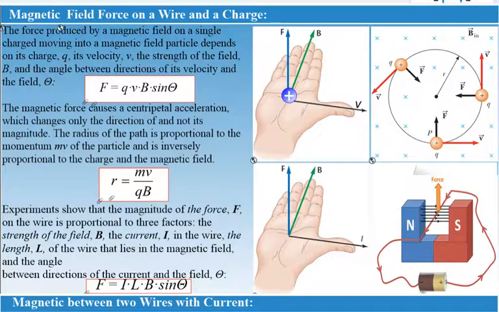There are going to be two formulas that we have to look at when we place a charge in the magnetic field. A magnetic field will act on the charge only if it is moving. So you have the charge of the object placed in the magnetic field, the velocity of that charge, the strength of the magnetic field, and the sine of the angle between the magnetic field lines and the direction of motion of the charge.